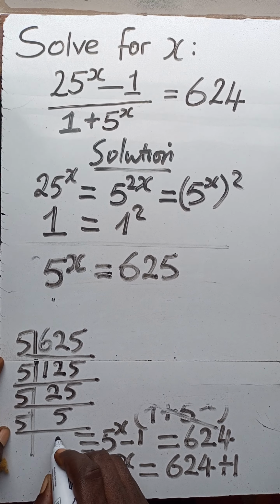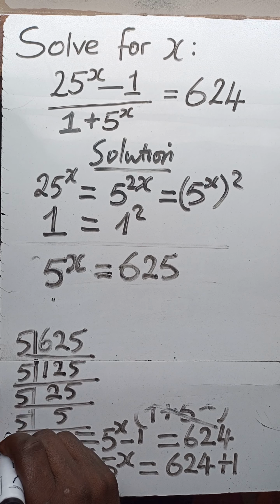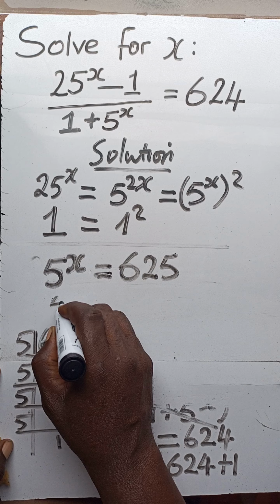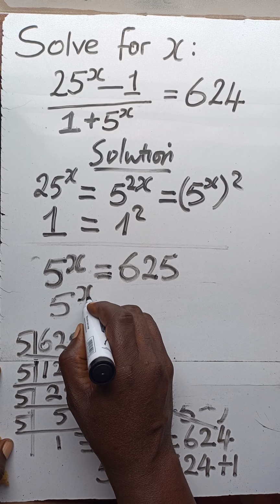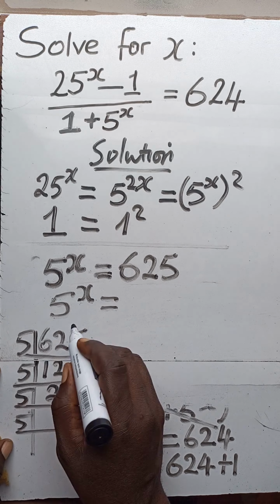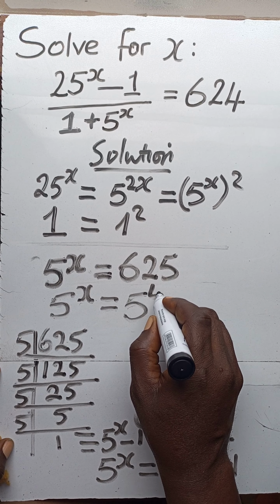And 5 divided by 5 is 1. So we count the number of 5s this way. 1, 2, 3, 4. All right, so this one now, so 5 to the x, in the place of 625, we write 5 to the power 1, 2, 3, 4. 5 to the power 4.